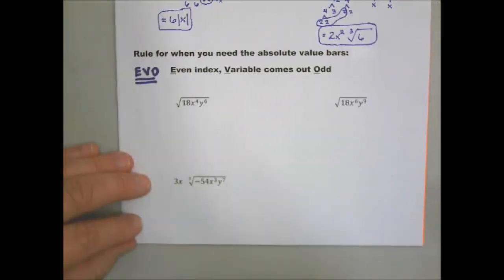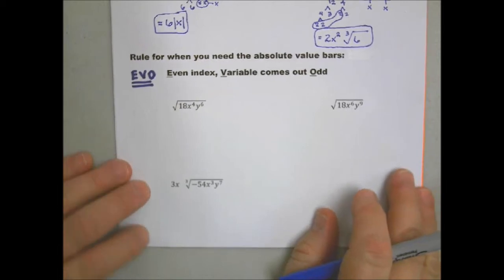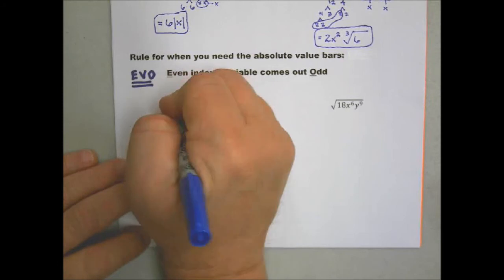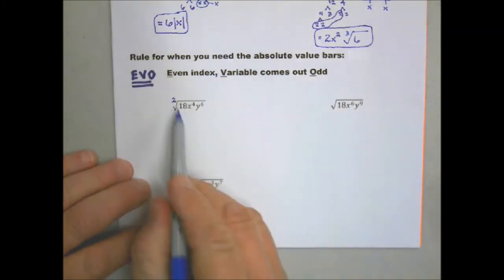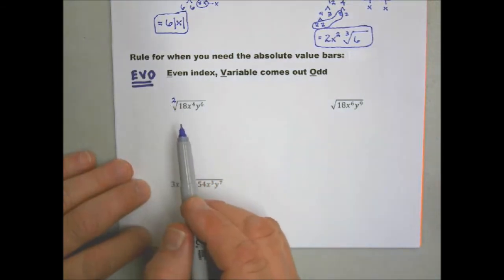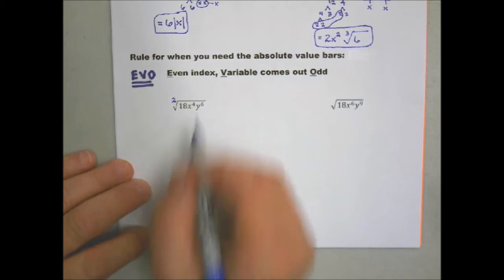18 x to the 4th y to the 6th. And we're just going to remember the EVO rules at the end. So this is a square root, so the index of the radical is even. So I do need to worry about the fact that I might need absolute value bars, I might not.